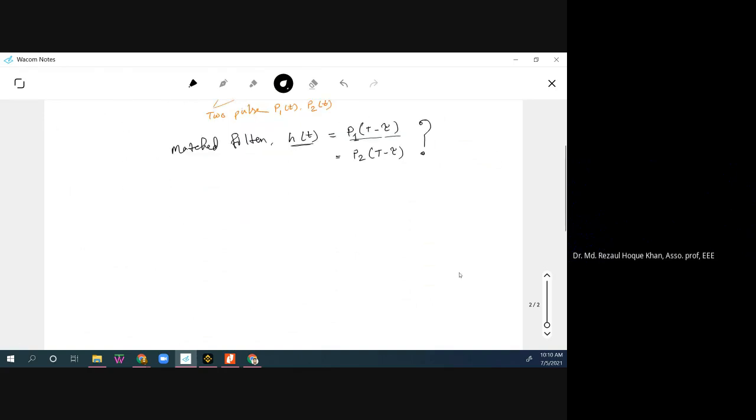To simplify this, let's subtract a certain amount from y(t). This is a constant signal.